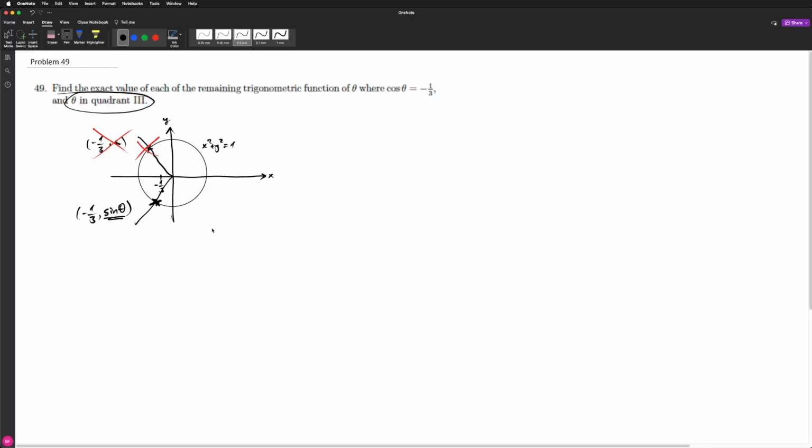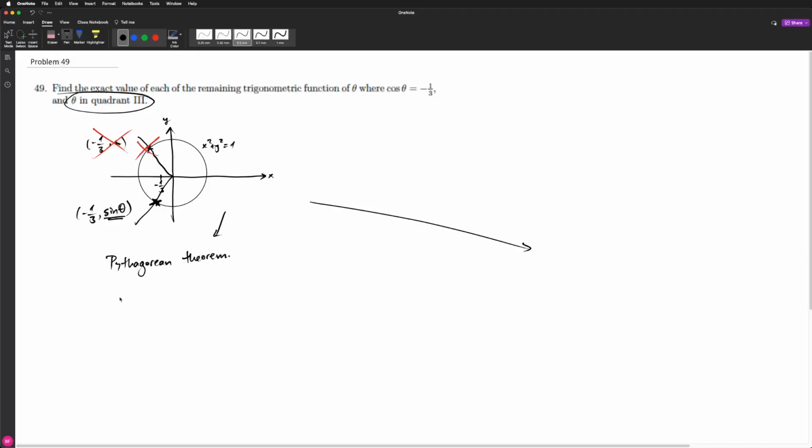So once you have this picture, you can do two things. One thing is, you can simply use the Pythagorean theorem. X squared and y squared for every point on the unit circle, when you add them up, the sum is going to be 1.